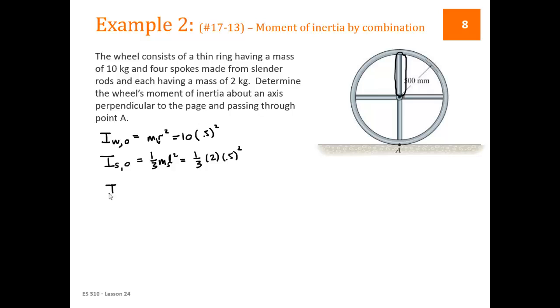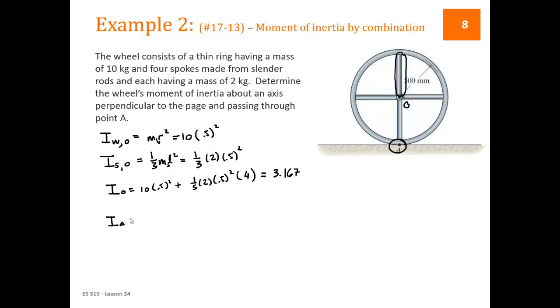So the total I around point O is equal to 10 times 0.5 squared plus 1/3 times 2 times 0.5 squared times 4, because there are 4 of them. Plugging this into your calculator gives you 3.167. Then we need to shift this because we're interested in point A, not the center point O. We found it around the center of mass, and we can shift it to any other point we're interested in.